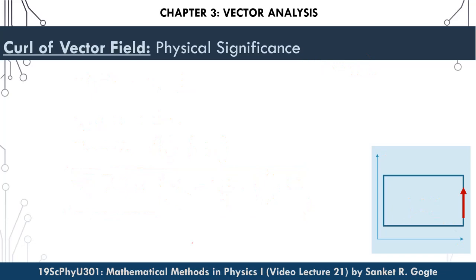Now let's calculate v2 dot dl2, the dot product for this line segment. Now dl2 here has the magnitude which is equal to dy. Remember, this is x-axis, this is y-axis, so that the z-axis is perpendicular to the screen coming towards you, and the direction of dl2 is along positive y-axis, and therefore dl2 is dy times j.